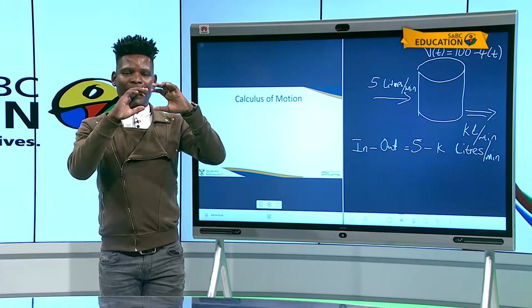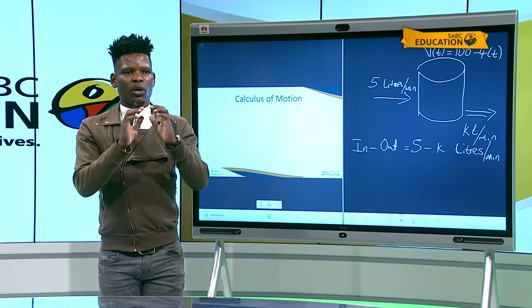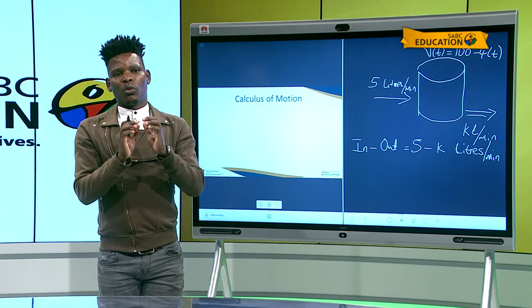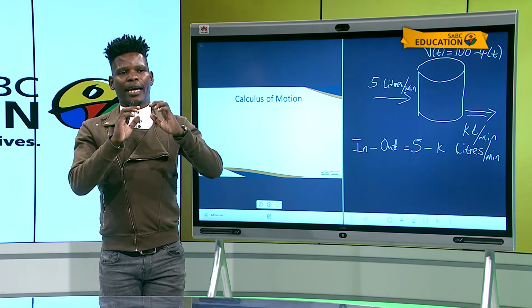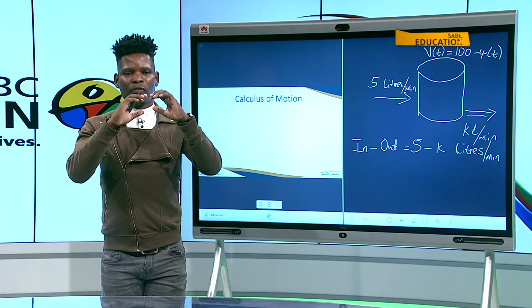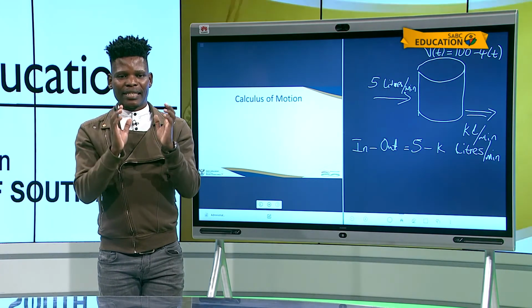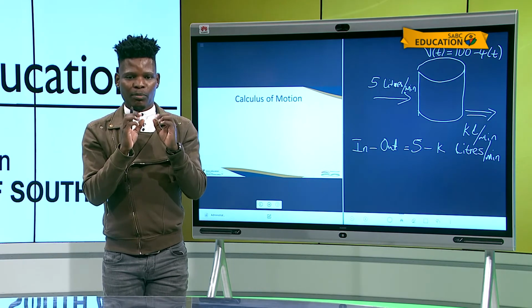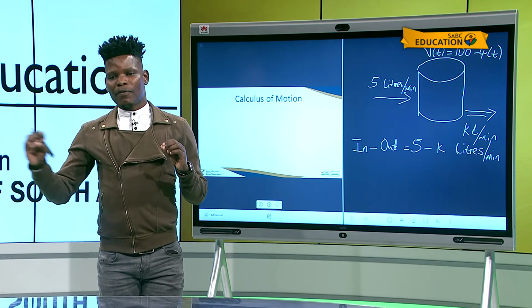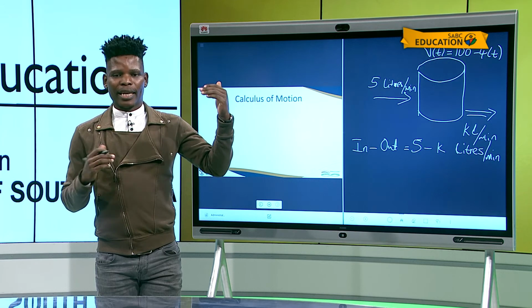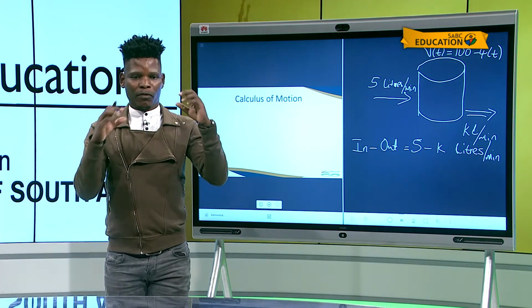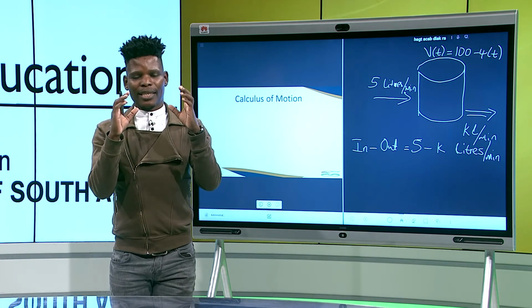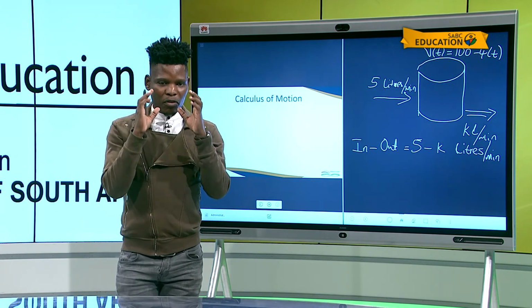That is what explains why we saw earlier, looking at the rate of the volume of the water in the tank, that the volume of the water in the tank is decreasing by 4 liters per minute. That is because you are having 5 liters entering the tank, and at the same time there is 9 liters leaving the tank. So the volume will be decreasing every minute by 4 liters.